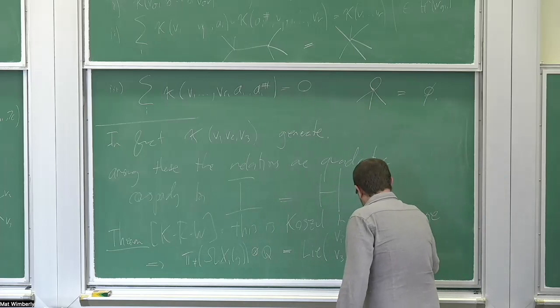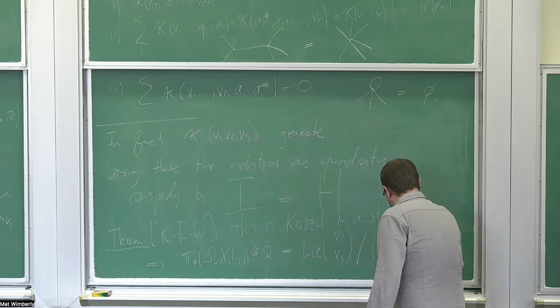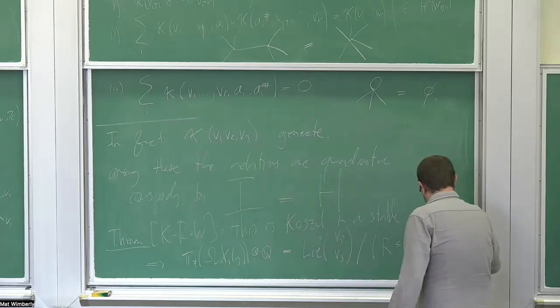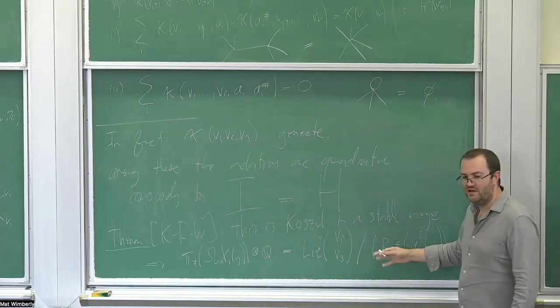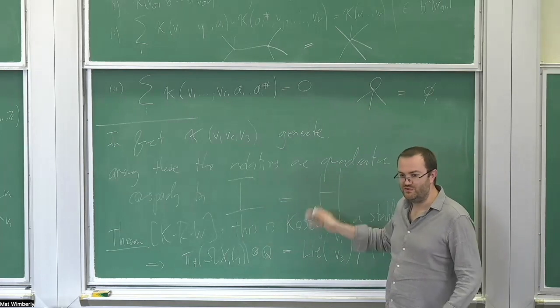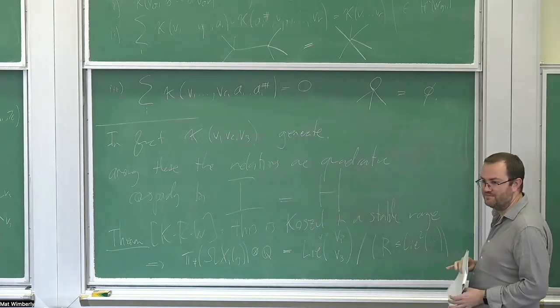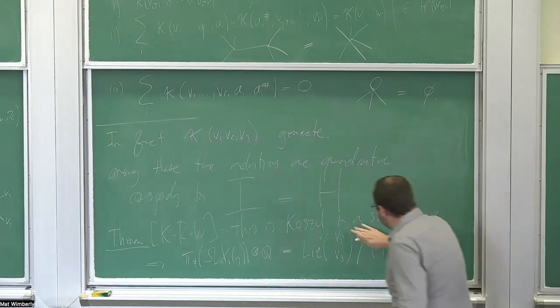And then you divide out by certain relations inside B2. We know what they are. They correspond to this I equals H thing. You have to expand it out and do some classical representation theory. It's completely explicit.